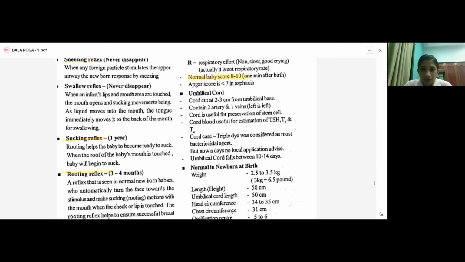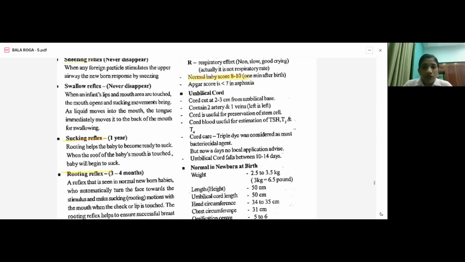It's very important. What is the peculiarity of the umbilical artery? The umbilical arteries mainly contain deoxygenated blood, and the umbilical vein contains oxygenated blood. Remember this: mainly 2 arteries and 1 vein.